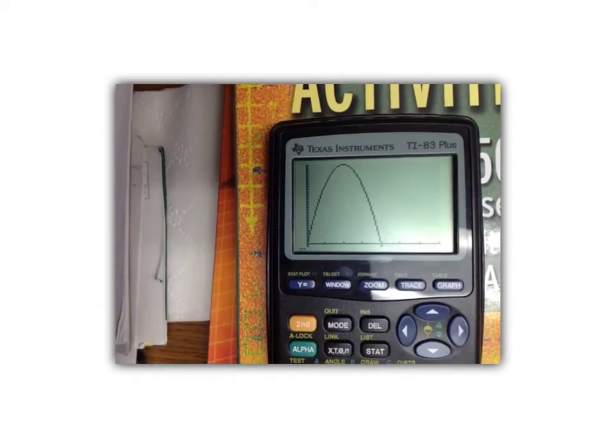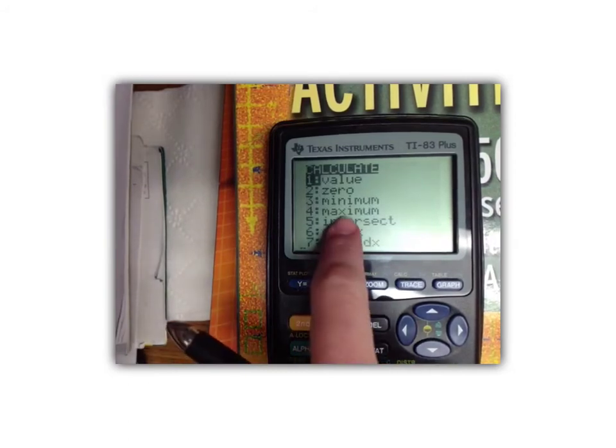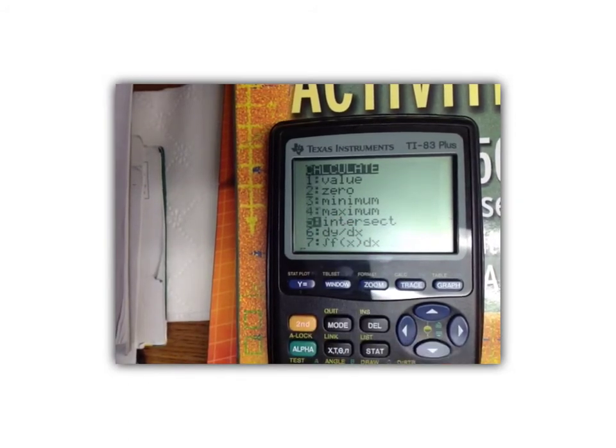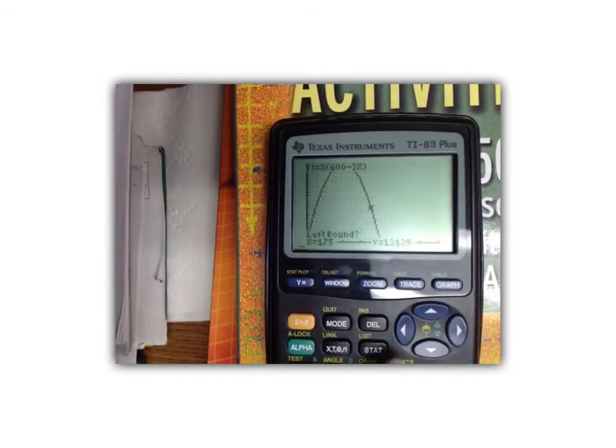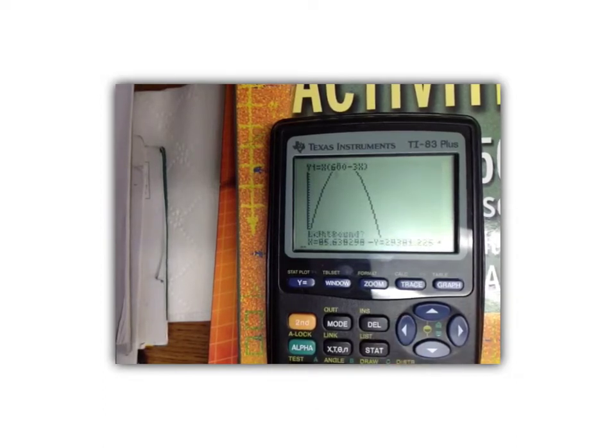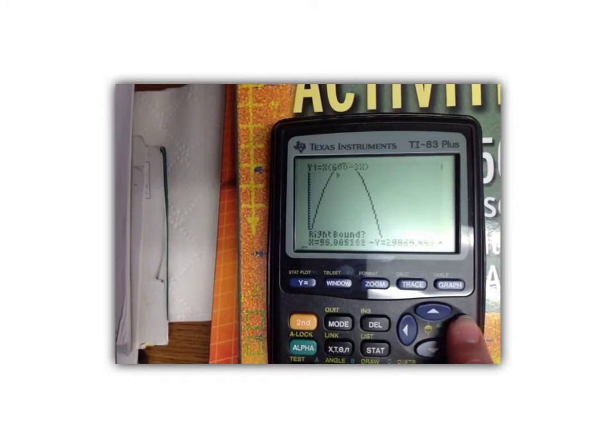Finally, we're asked for the maximum area that can be enclosed. So you go back to second trace. You want the maximum. You need to move your cursor to the left of that maximum. You need to move your cursor then to the right of the maximum, and then hit enter.